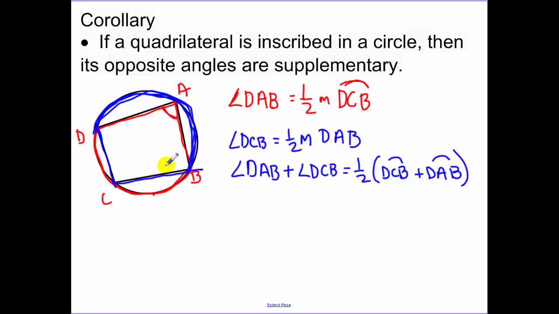What's DCB plus DAB? Well, that's a whole circle. And we know by the definition of a circle that a circle is 360 degrees. So half of 360 is 180. So that's why that one's true.